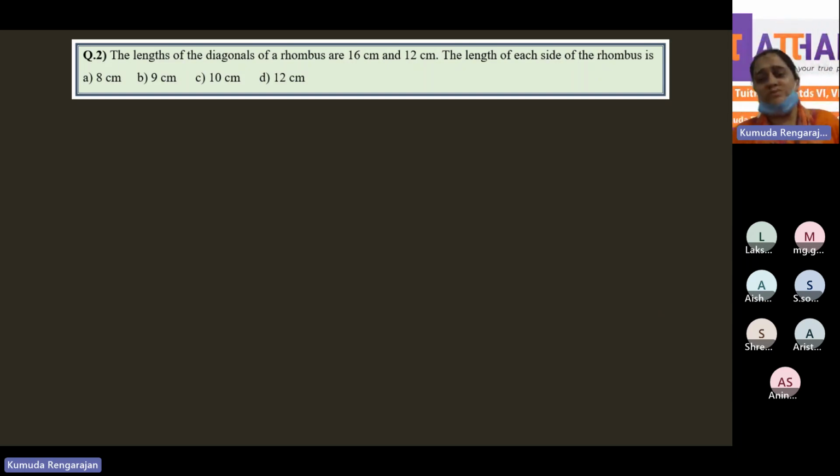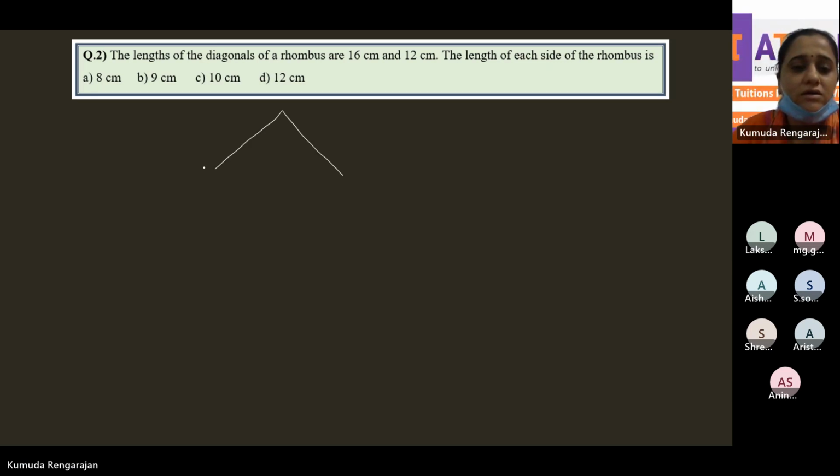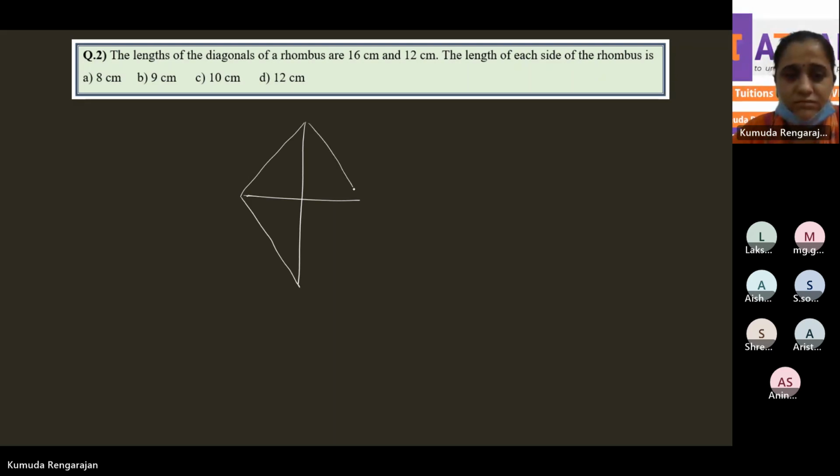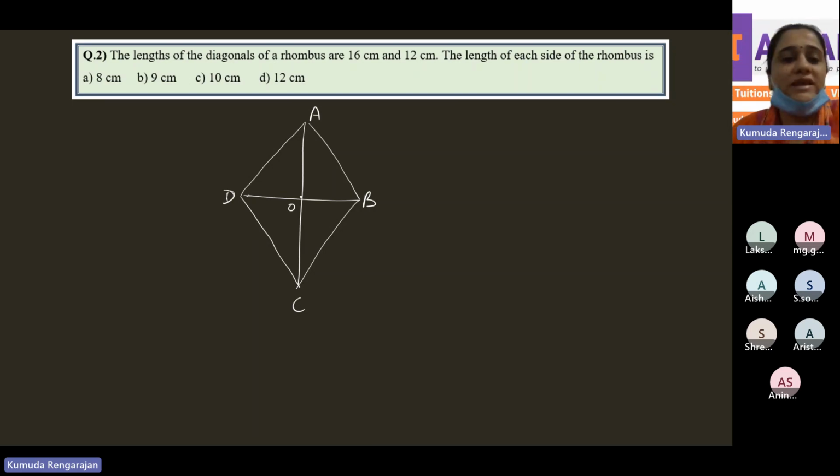The lengths of the diagonals of a rhombus are 16 centimeters and 12 centimeters.